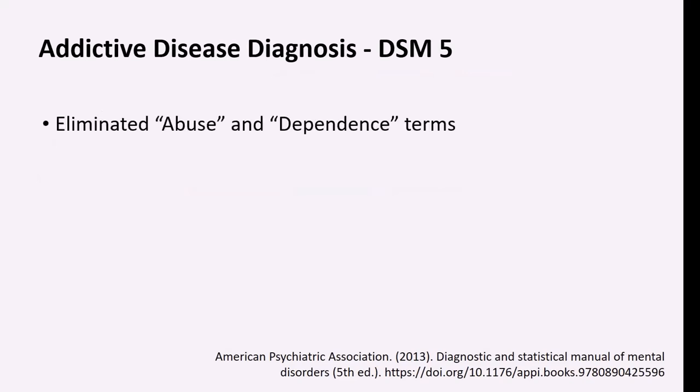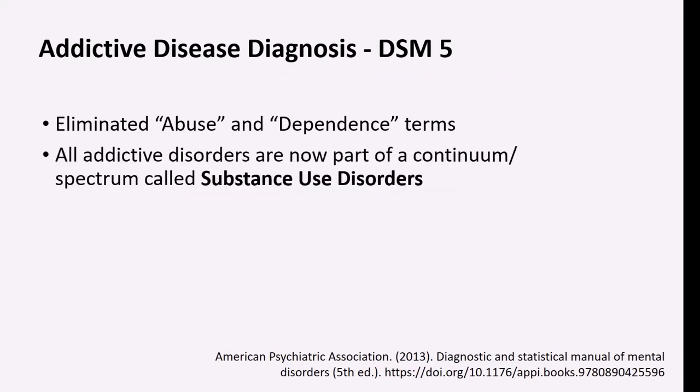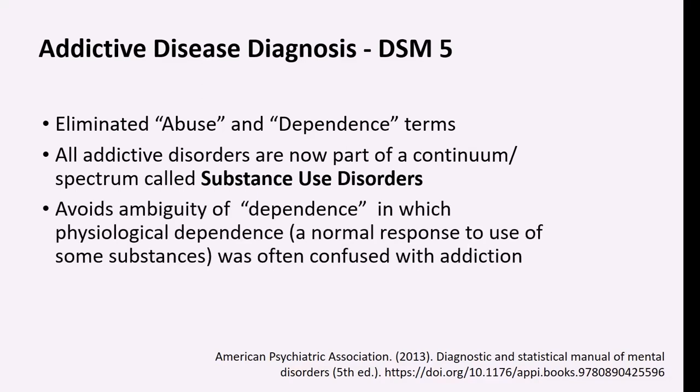So, according to DSM-5, we've changed some terminology. All addictive disorders are now part of a continuum called substance use disorders. I'm sure several of you remember abuse versus dependence. There was a lot of confusion with that, because physical dependence is not addiction.